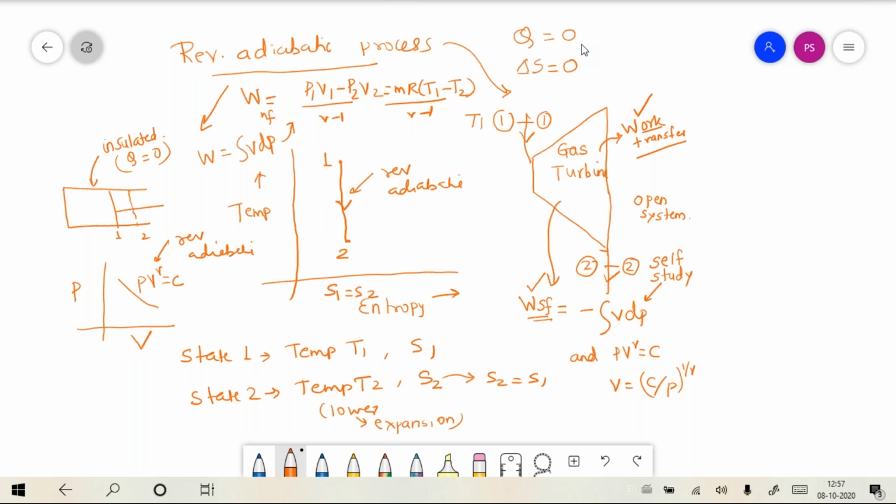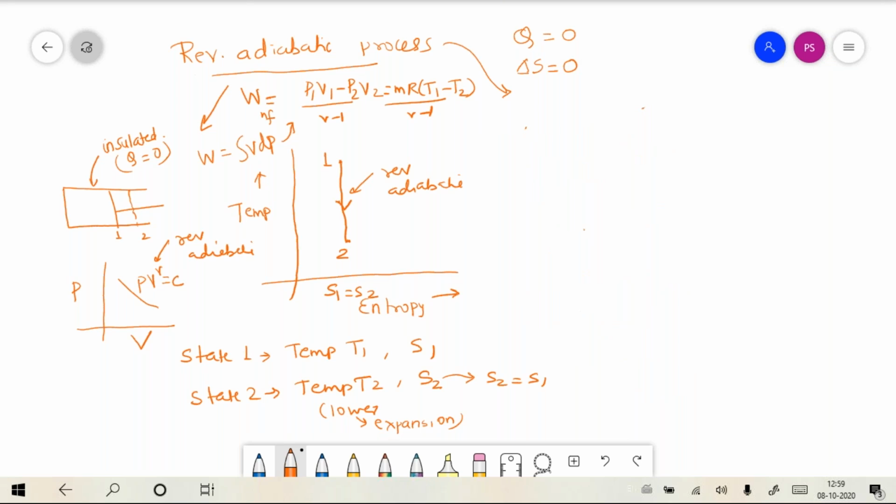For the non-flow process, you know that the work transfer is given by the integral of PdV. If it is a non-flow process, that is a closed system, it is the integral of PdV, and if it is a flow process, then it is the integral of VdP.